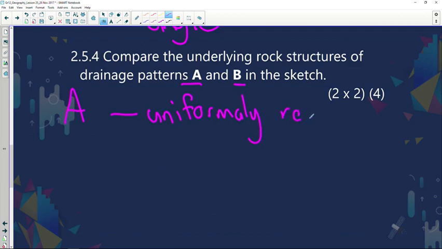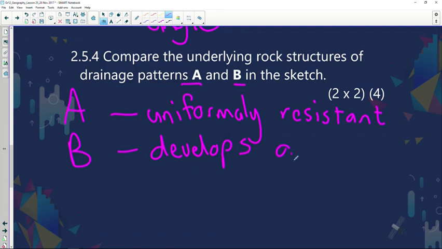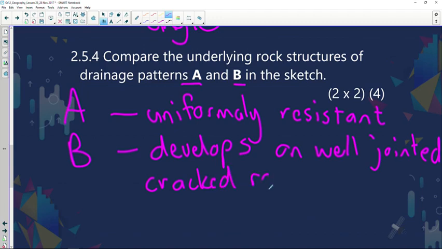It means it's the same type of underlying rock, like homogeneous rock. And if you look at the rectangular pattern, it develops usually on joints, on well-jointed, cracked rock. So they are not uniformly the same.